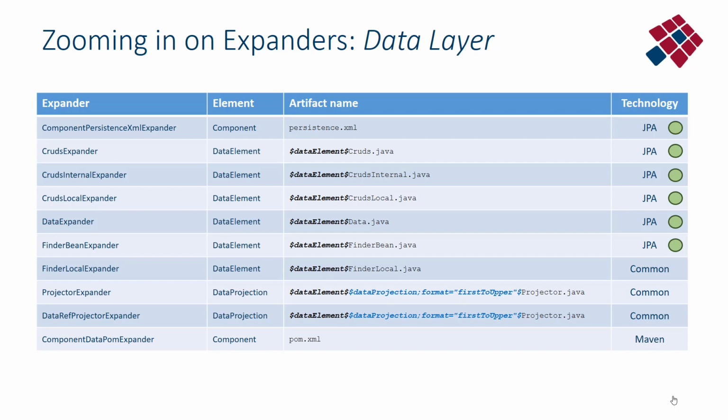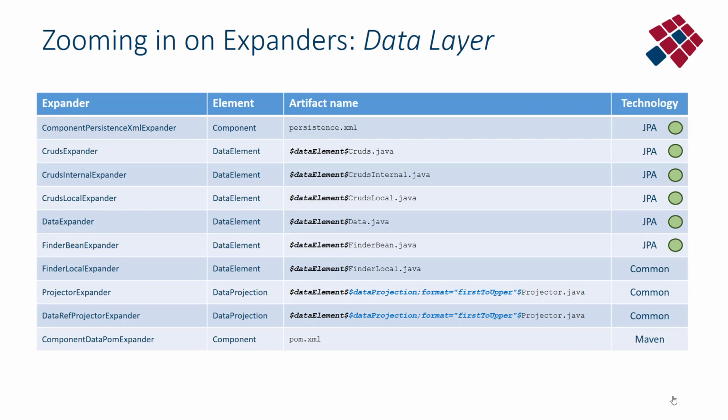And in the middle, we have all these JPA dependent and common expanders, where we can see the expander that expands the CRUDs artifact for the create, retrieve, update, delete, and search operations, the CRUDs internal, the local interfaces, and the data expander, which expands the data artifact. We talked about that in the previous tutorial, looking into more detail at the data expander, the finder expander, finder local. And we also see two projector expanders.